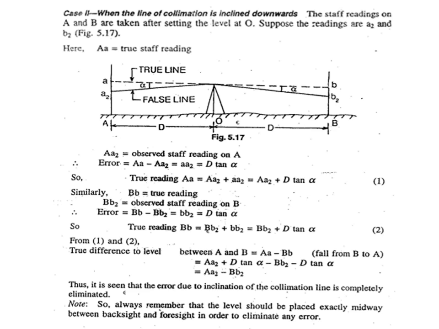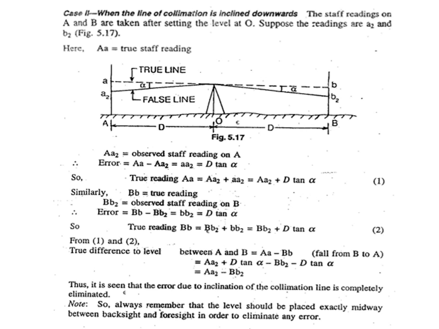Similarly, BB is the true reading and BB2 is the observed staff reading on B. Therefore, error equals BB minus BB2, equal to d tan alpha. So true reading BB equals BB2 plus d tan alpha. So this is equation number 2.